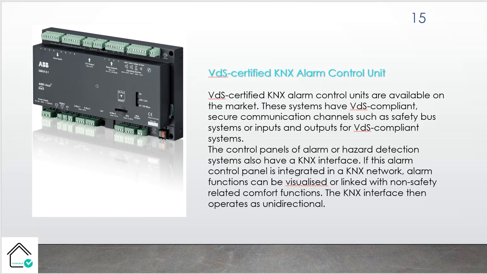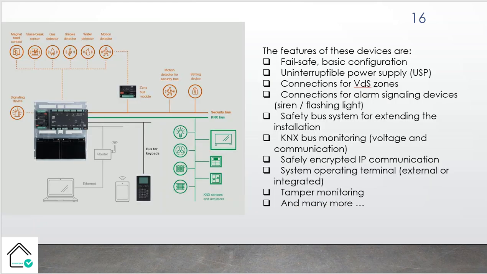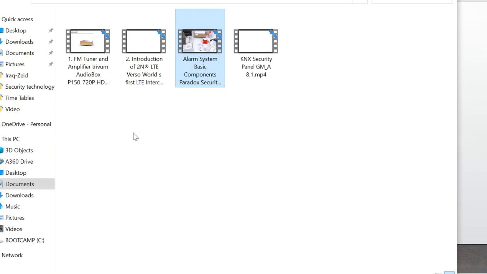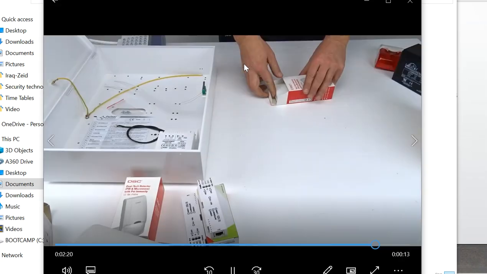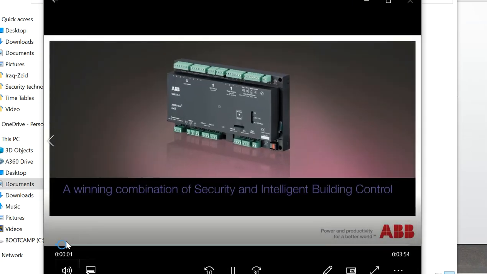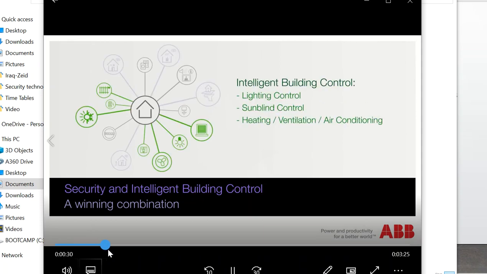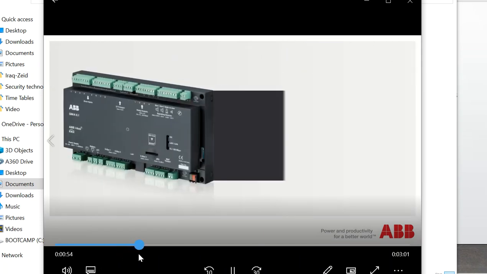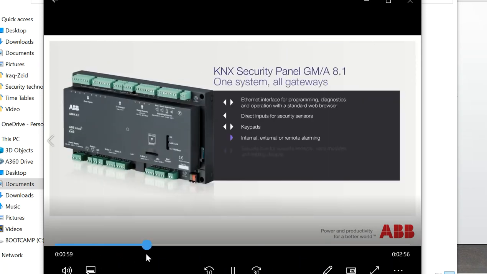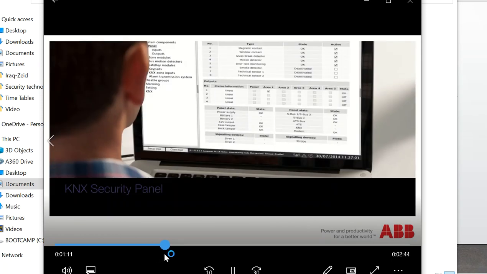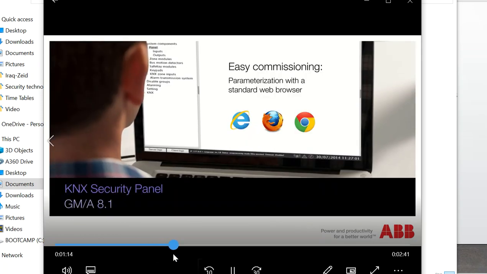So here I want to see the features of these devices. Okay, let's see this panel. This panel is connected to the sensors, like motion and access control.